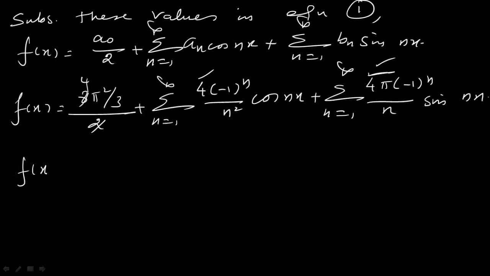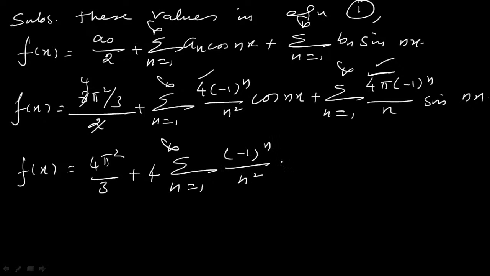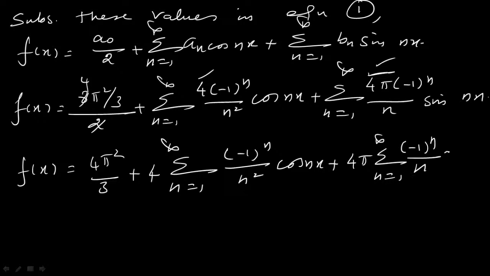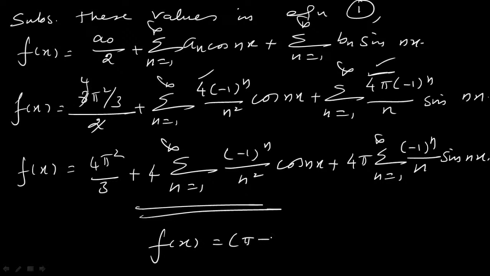So your f of x is 4 pi square divided by 3 plus 4 times sigma n varies from 1 to infinity minus 1 whole power n divided by n square cos nx plus 4 pi sigma n varies from 1 to infinity minus 1 whole power n divided by n sin nx. So this is the Fourier series representation of the given function f of x equal to pi minus x whole square, that is defined in the interval minus pi comma pi.